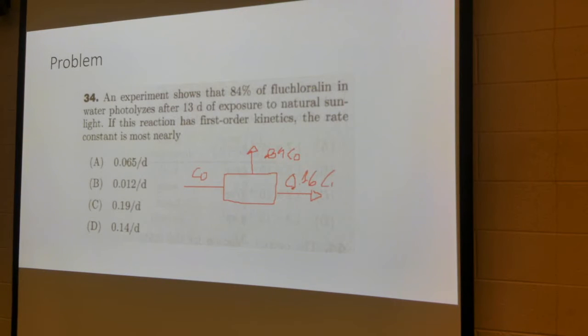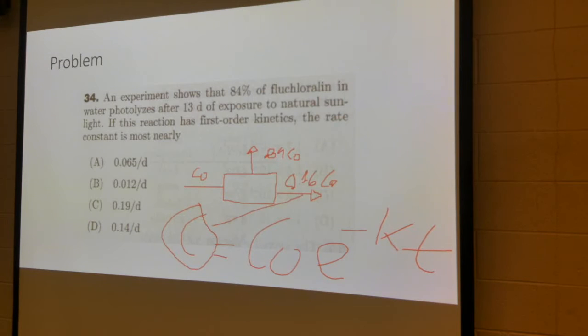So based on first order kinetics, if I have my traditional equation, I can basically design this as C equals C0 e to the minus kt. K is what I want to find out, t is 13 days, C0 is C0, and C final, this guy over here, is 0.16 times C0. So it really doesn't depend on C0.